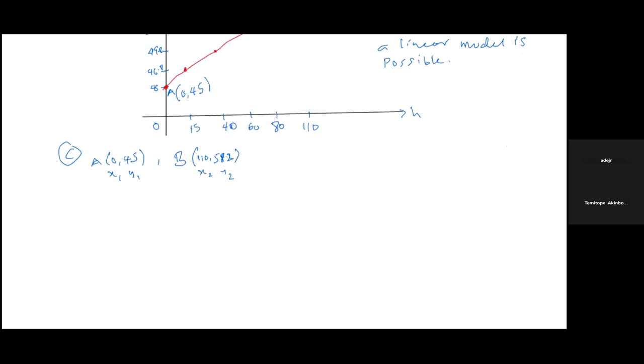M equals Y2 minus Y1 over X2 minus X1. Substitute appropriately. That's 58.2 minus 45 over 110 minus 0.